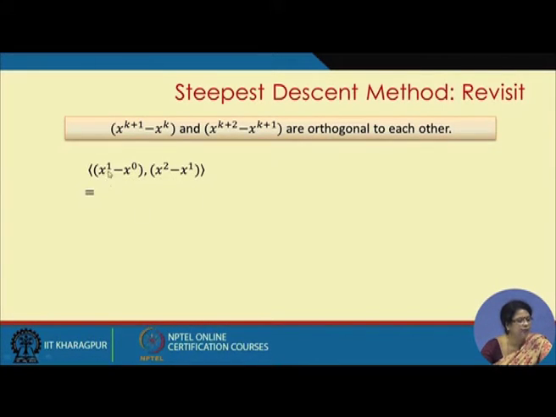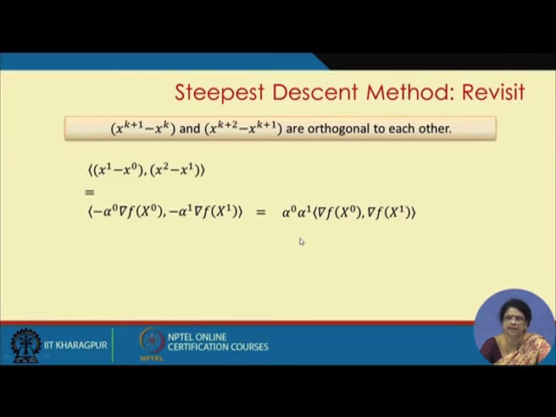We know x1 is equal to x0 minus alpha_0 grad f(x) at x equal to x0. That is why we can write it as minus alpha_0 times this, and this difference we can write this way. Alright. Now from here we see that this is equal to alpha_0 and alpha_1. If we just take them outside, then we are left with two vectors, because alpha_0 and alpha_1 are not vectors, they are scalars, they are the step lengths.